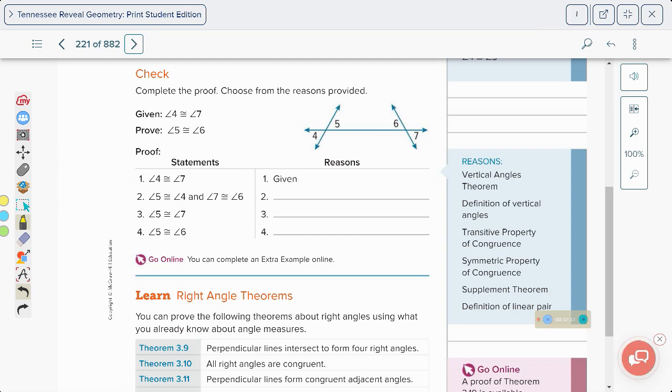Now on to statement 2. It says angle 5 is congruent to angle 4, and then angle 7 is congruent to angle 6. So think back to our previous lessons. What type of angles are those? Hopefully you remember they are vertical angles.